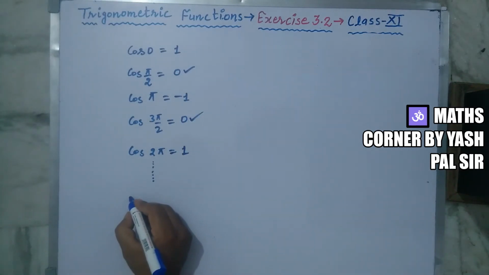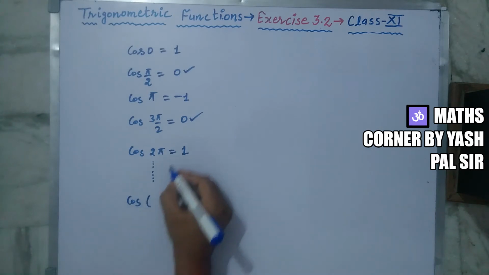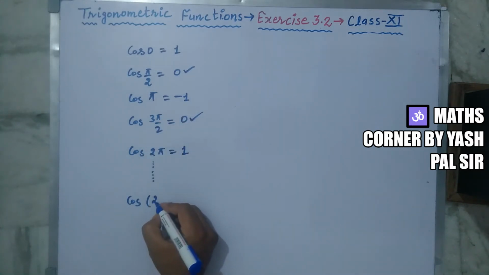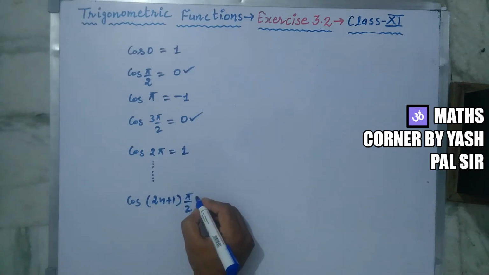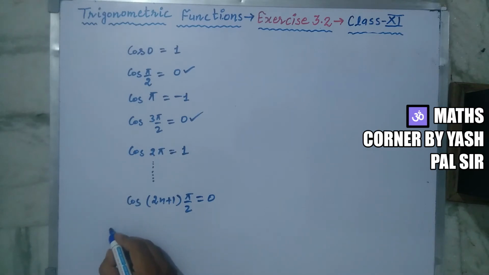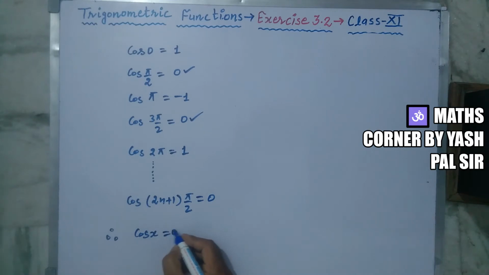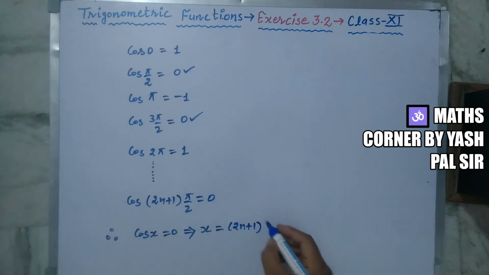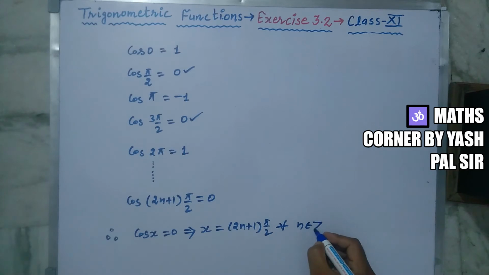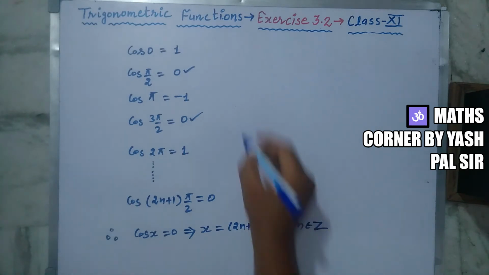Likewise we can say cos of odd number, (2n plus 1) into pi by 2, is equal to 0. So the conclusion is: cos x is equal to 0 means x is equal to (2n plus 1) multiplied with pi by 2, for every n belonging to Z, the integers.